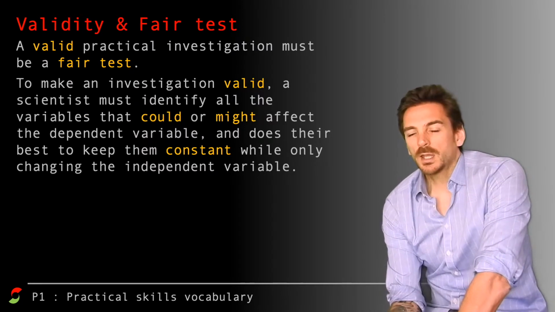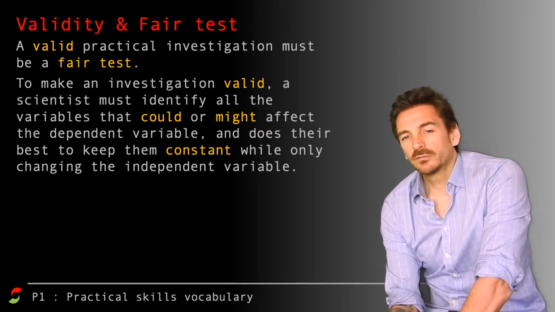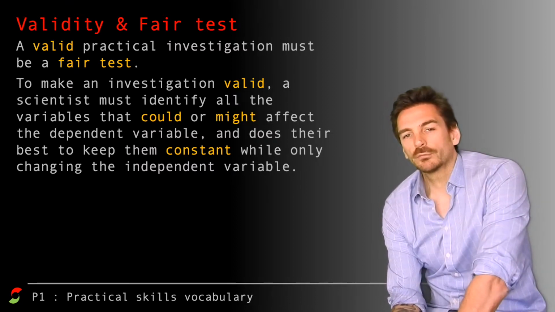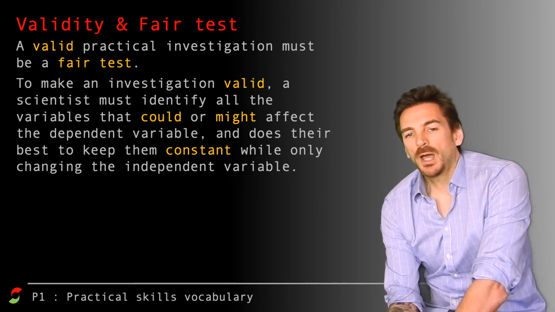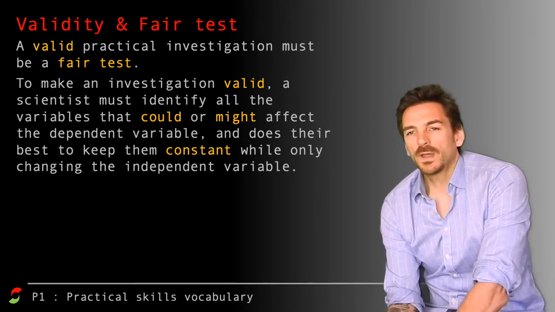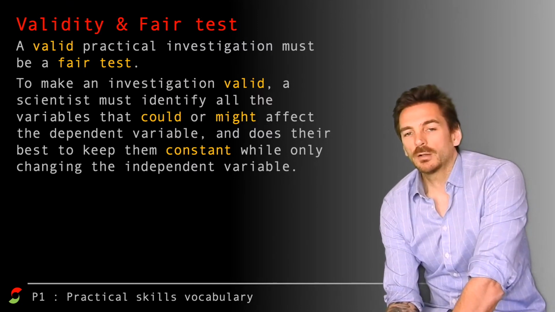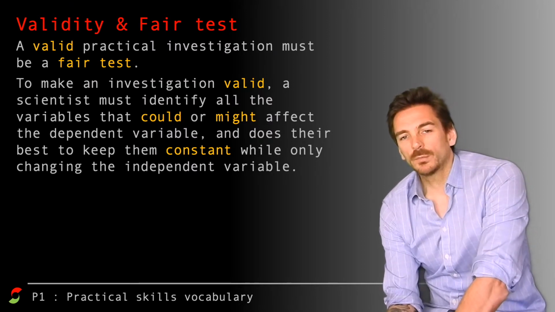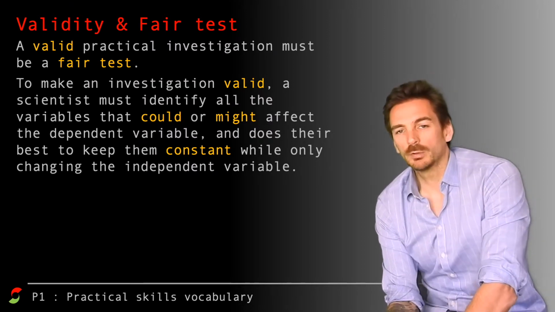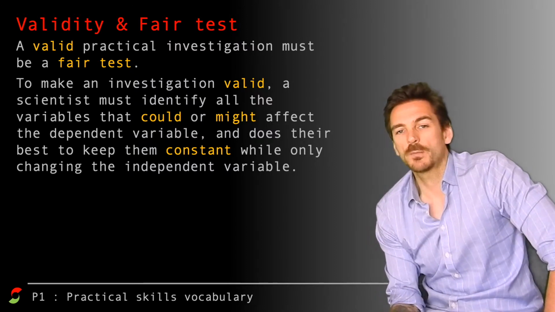To make an experiment valid and therefore fair, we've got to consider all the possible variables that might affect our outcome. Once we've considered all the other variables that may change our dependent variable, we try and control them the best that we can. Some aren't controllable, like room temperature, which might change and fluctuate during a practical.